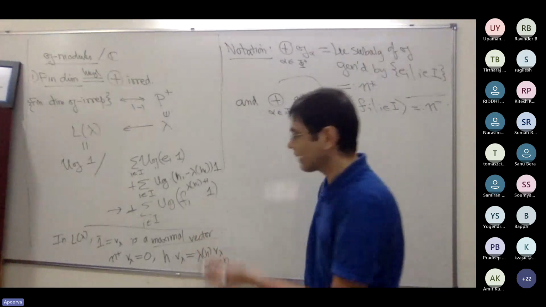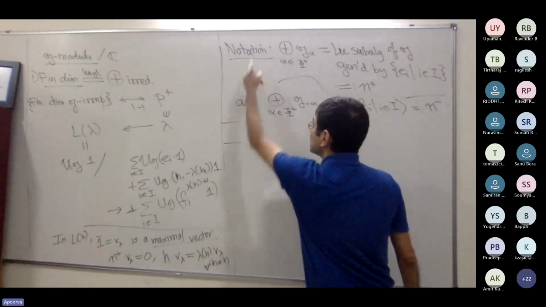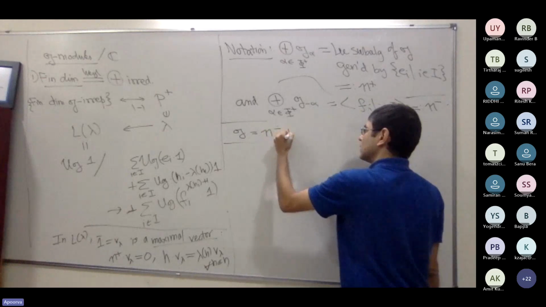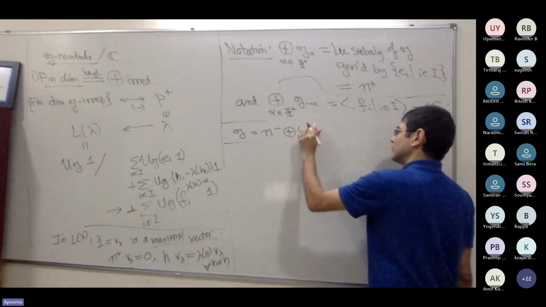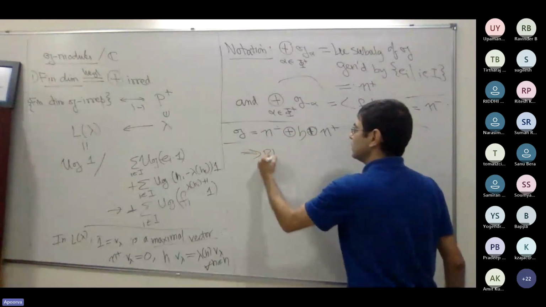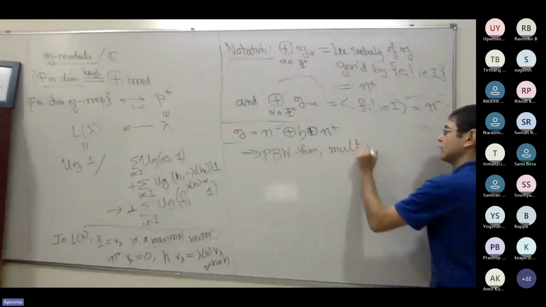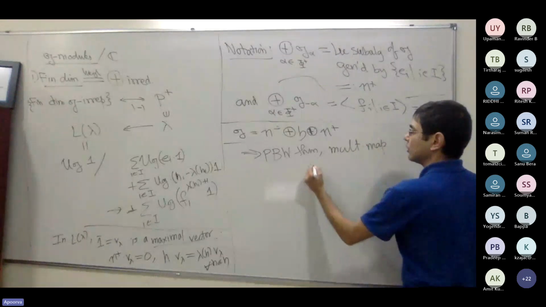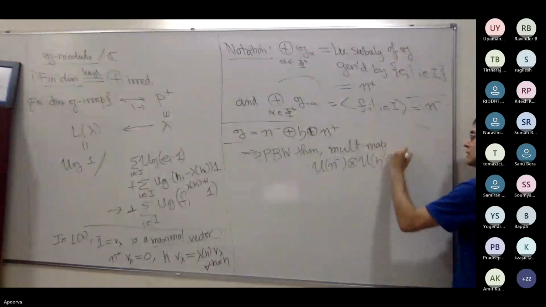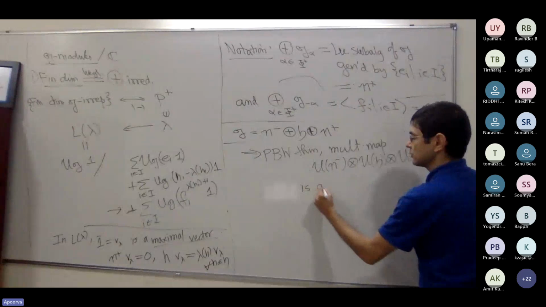Now we will look at maximal vectors in any G module, not only the finite dimensional ones. One quick point to note is that G is N minus direct sum H direct sum N plus, and because of that, by the PBW theorem, you can look at the multiplication map from U N minus tensor U H tensor U N plus to U G. This is a vector space isomorphism.